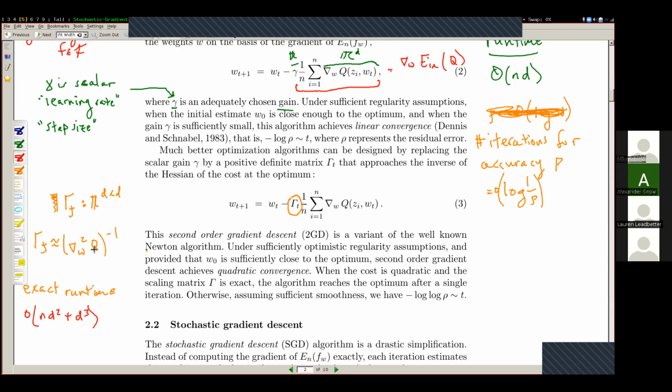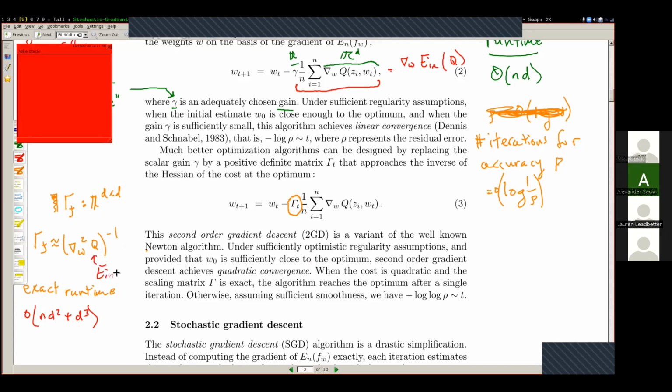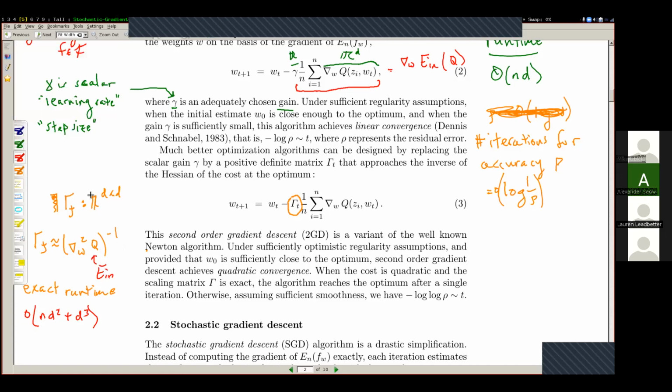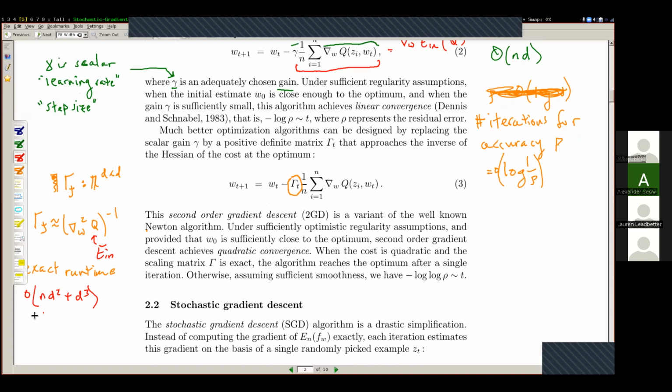The n d squared comes from our E sub n, with the 1 over n inside of it. And so this is the exact runtime. This is very large, and so usually this can be approximated. There's lots of various ways of approximating it. We're not going to go into any of those details, but approximate versions are faster.